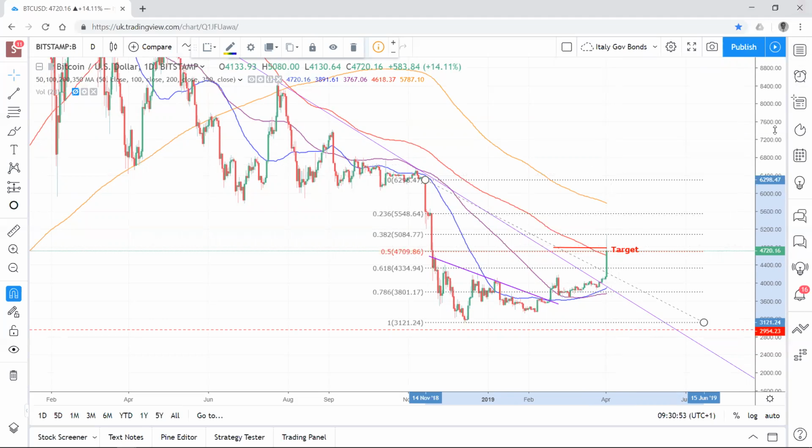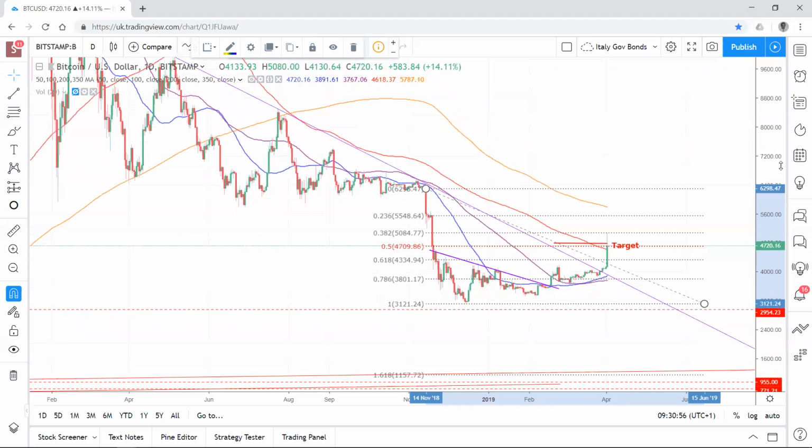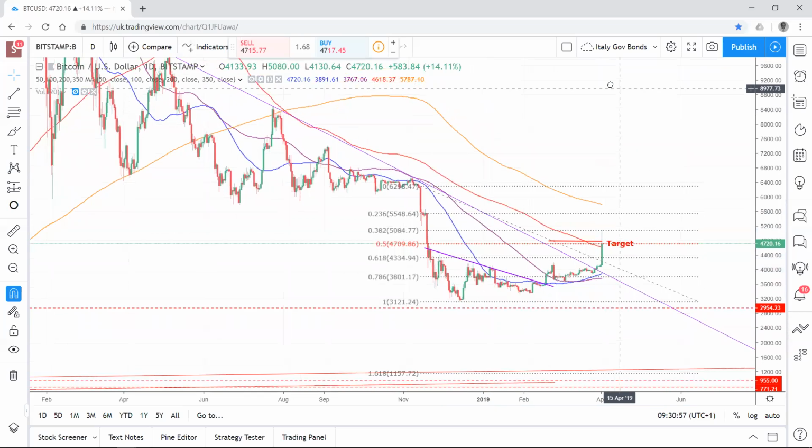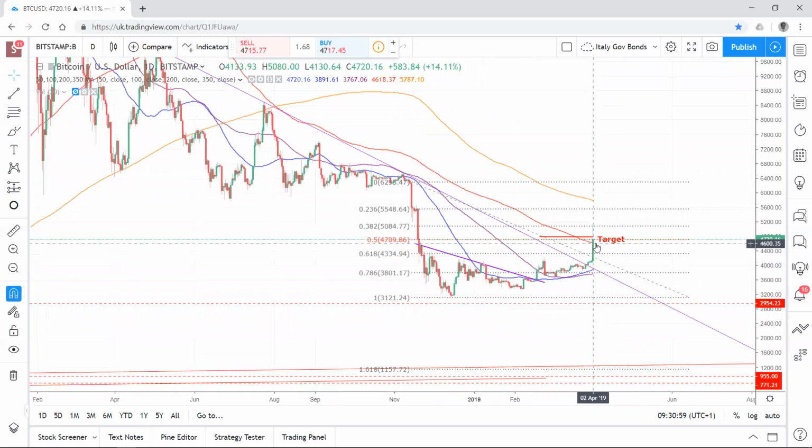Now that in itself needs to be monitored very carefully, because if we don't maintain above the 200-day moving average, the target on that is actually down at 1157.